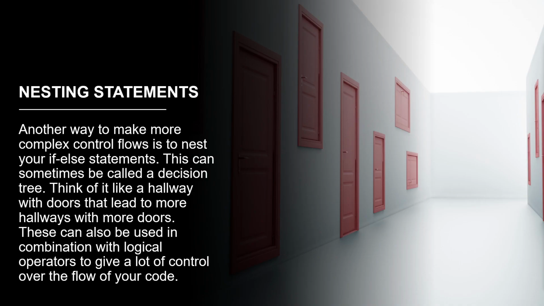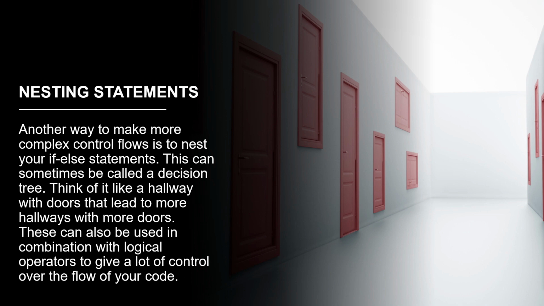So I do want to talk a little bit about nesting statements, because this can be another way to make complex control flows, in that you can nest if-else statements inside of if-else statements. This can sometimes be called a decision tree as well. The best way to think of this is almost like a hallway with doors that lead to more doors.